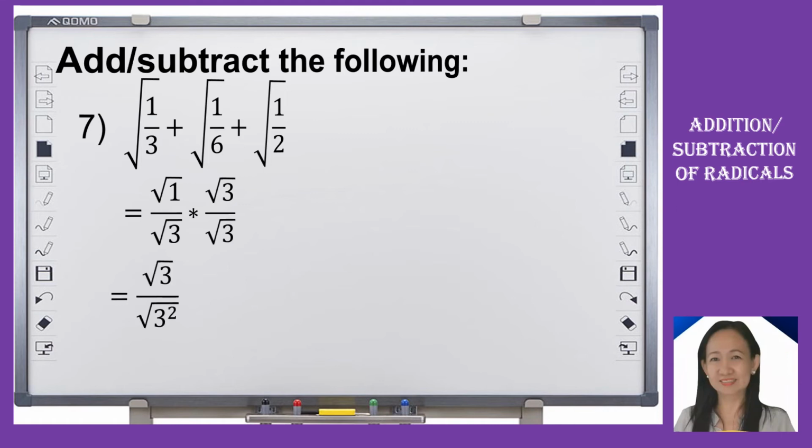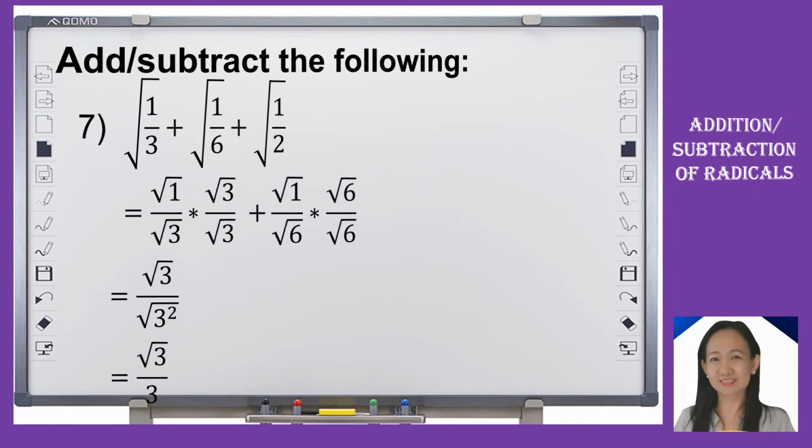So we will get the square root of 1 times the square root of 3 is the square root of 3. And the square root of 3 times the square root of 3 is the square root of 3 squared. Wherein we all know that the square root of 3 squared is 3. Let us proceed to the square root of 1/6.